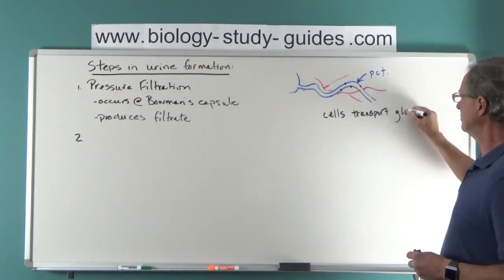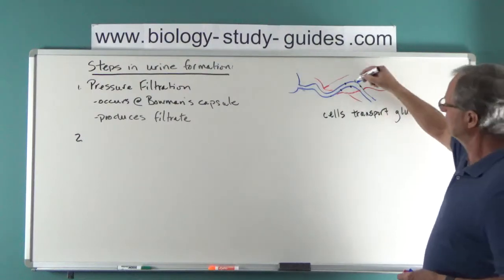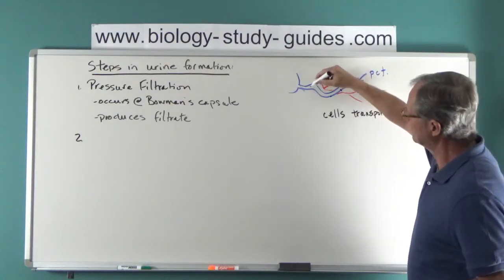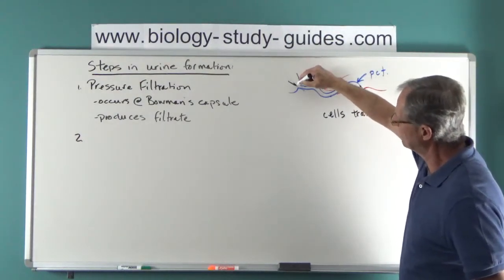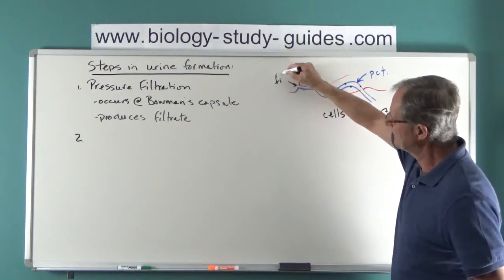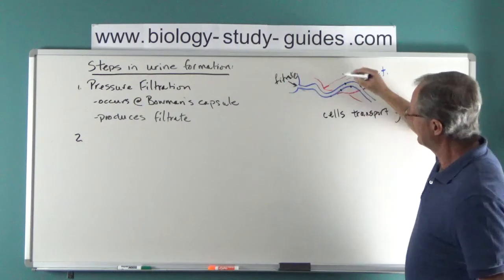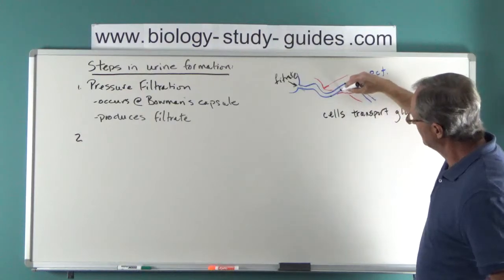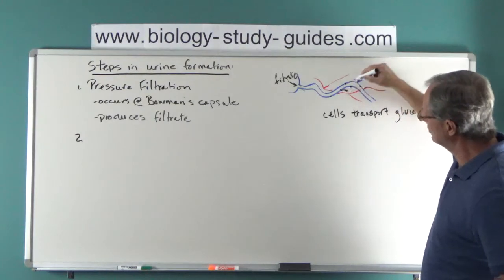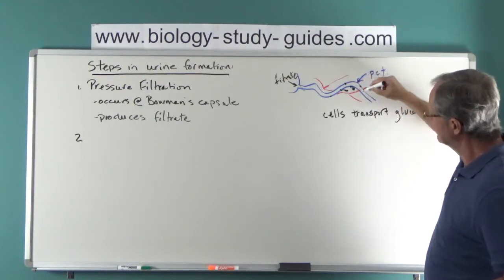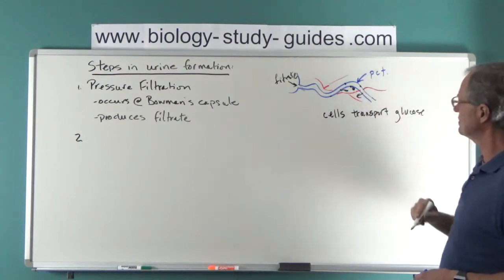So things like the glucose. Glucose would be inside the filtrate in here. Remember, the filtrate gets put down from Bowman's capsule. And these cells will actually push things out of the tubule into the tissue spaces.